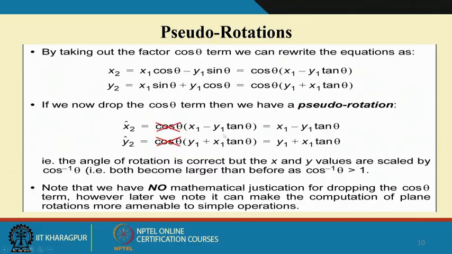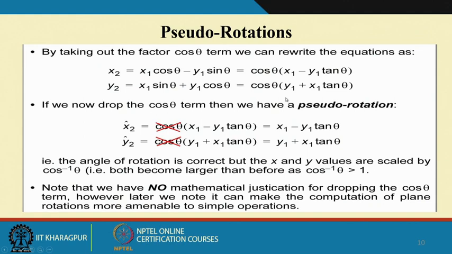The equations for x2 and y2 are x1 cos theta minus y1 sin theta, and x1 sin theta plus y1 cos theta. Now, if you take cos theta common, it can be written as x1 minus y1 tan theta, and y1 plus x1 tan theta.